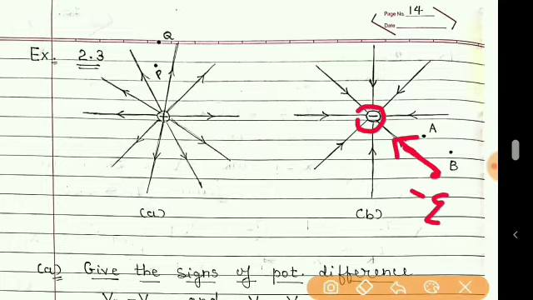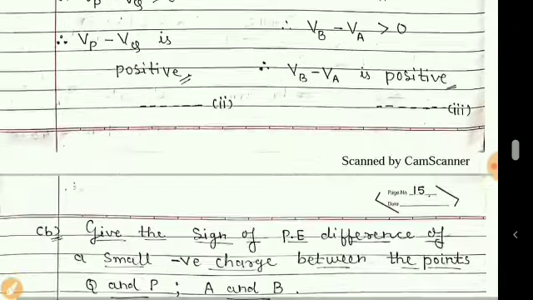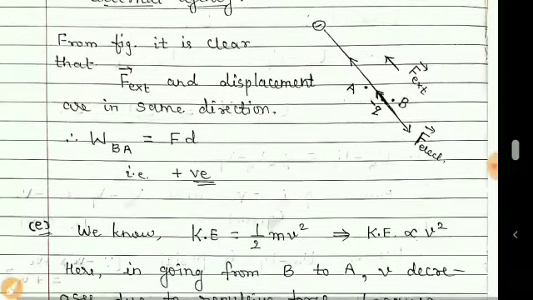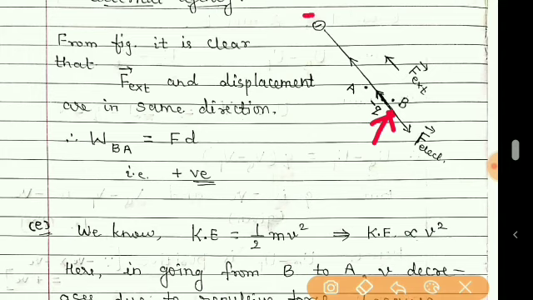If we put this negative charge at point B here, then this is also negative, and here this charge is also negative.